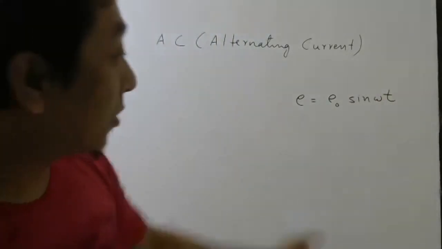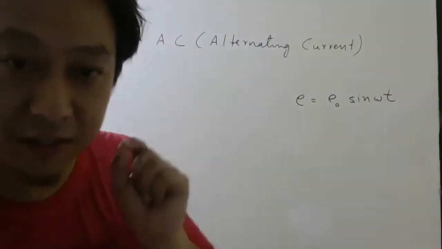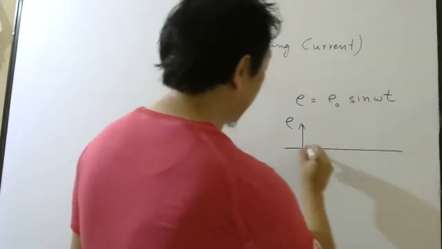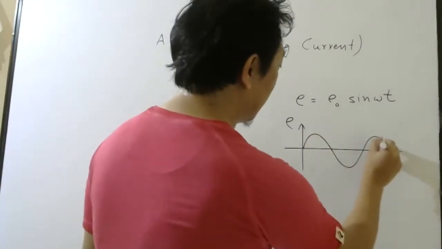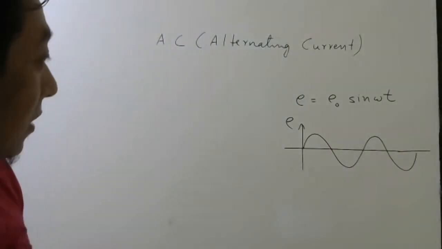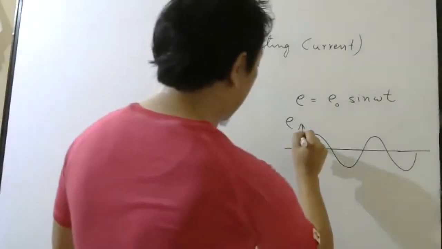Okay, students, because of the sine function, it is very clear that your EMF will be an alternating EMF, like this. This is the peak value.